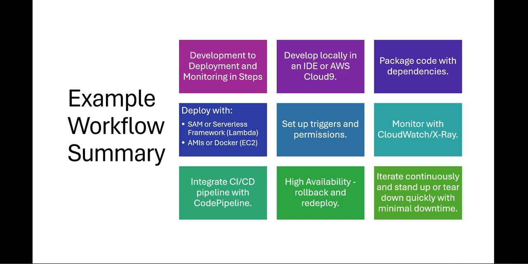Set up triggers and permissions. Monitor with CloudWatch or X-Ray. Integrate CI/CD pipelines with CodePipeline. Plan for high availability and rollback, and iterate continuously, and stand up or tear down quickly with minimal downtime.